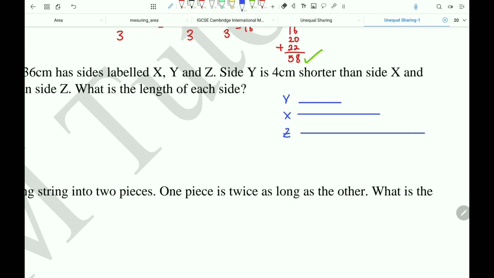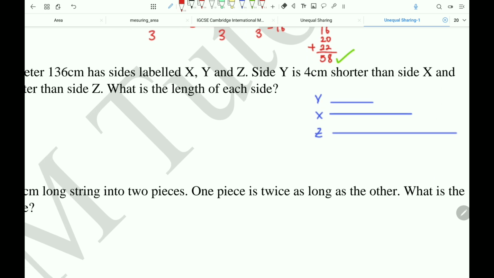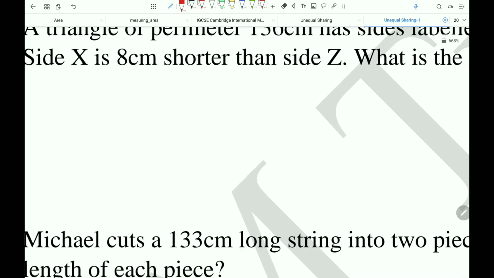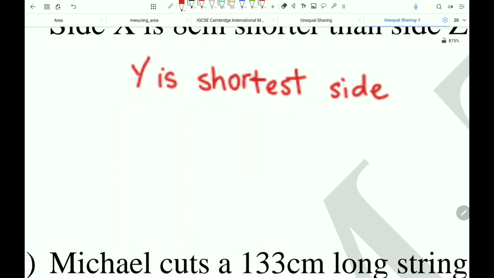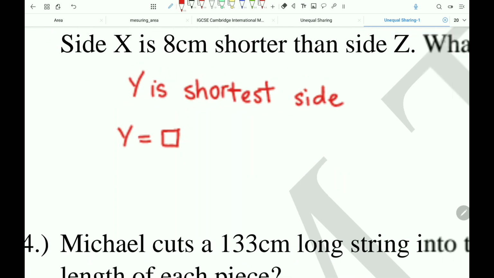Y is the shortest, which means that we'll put the length of Y equal to box. So side Y is the shortest side. So that means that Y is going to be equal to box.